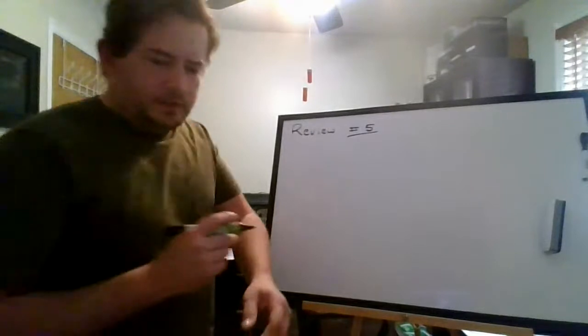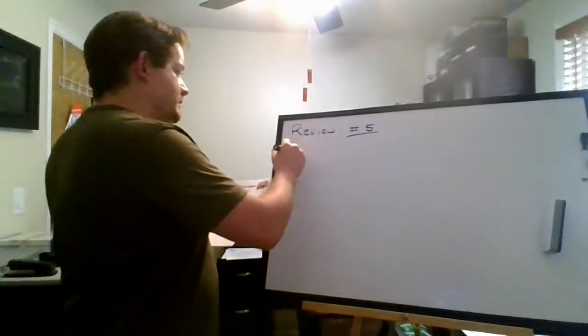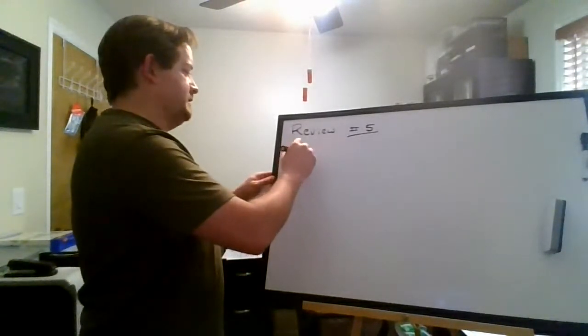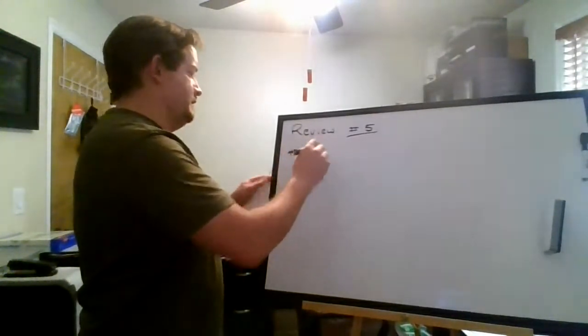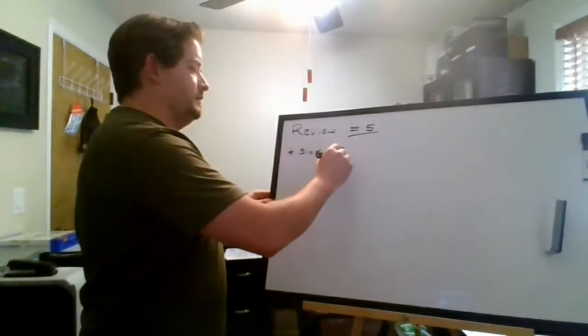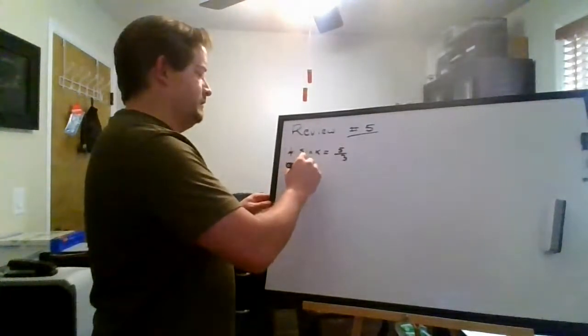So let's go with this. Number 5 tells us that we're given that sine of x is 5 over 13 and x is in quadrant 1.